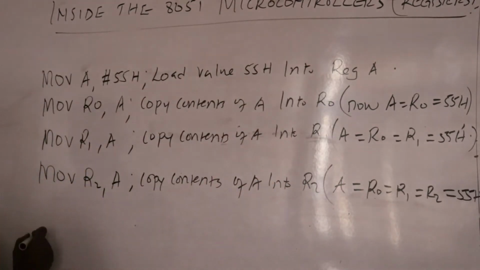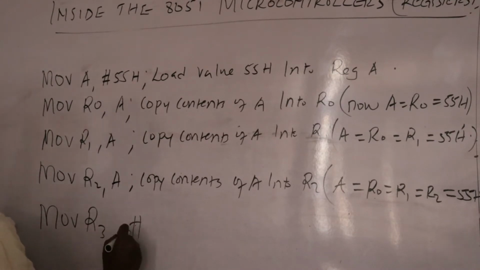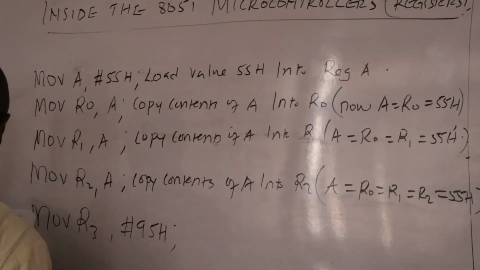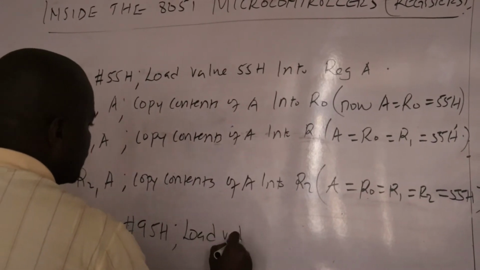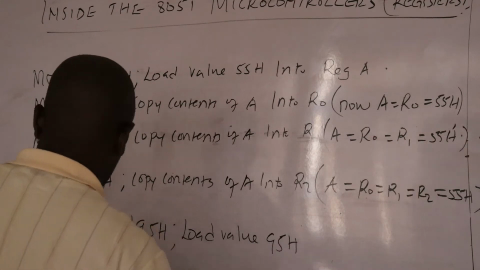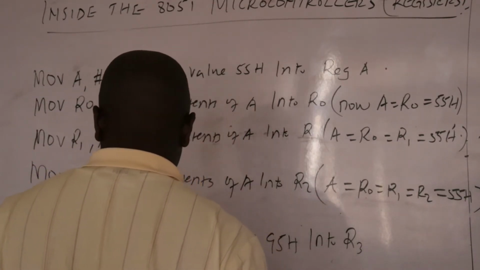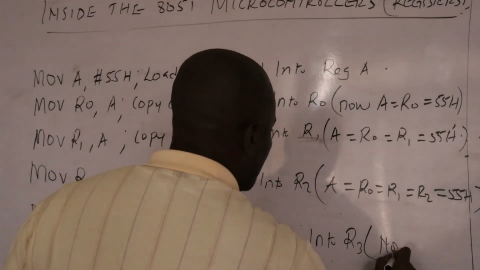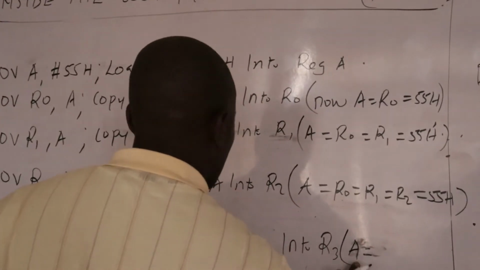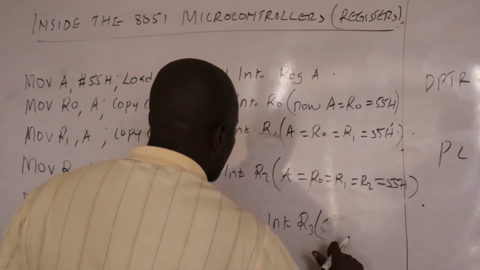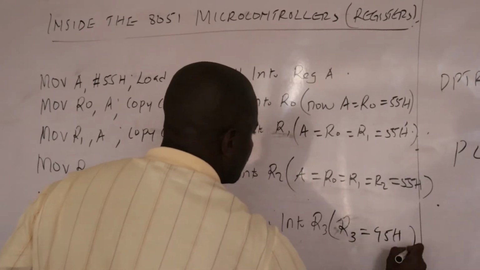Then we have MOV R3, #95H, which is to say load the value 95H into R3. We can only talk of R3 because it is the one that is affected. So R3 is 95H.